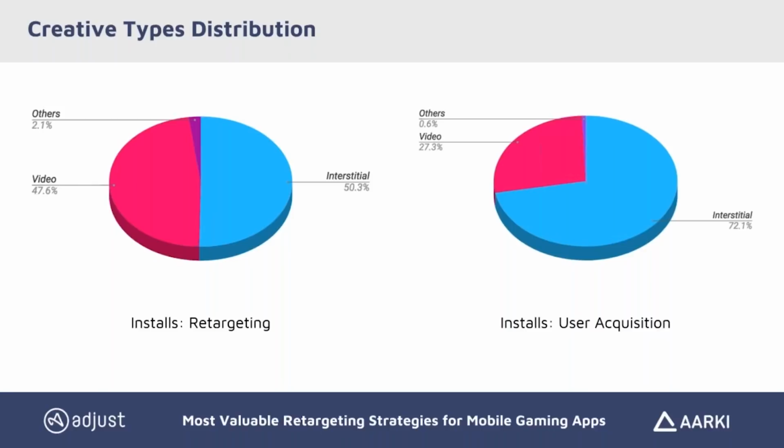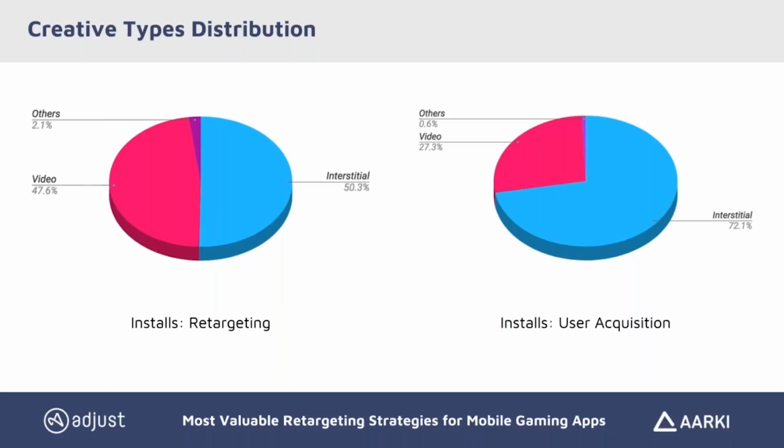They're running the same mix of creatives, but what we'll see is that the types of creatives that perform for retargeting versus user acquisition end up being very different, with video driving a much larger share of performance.